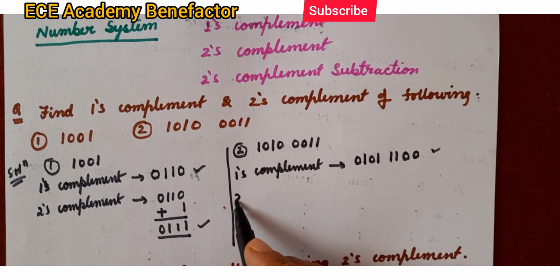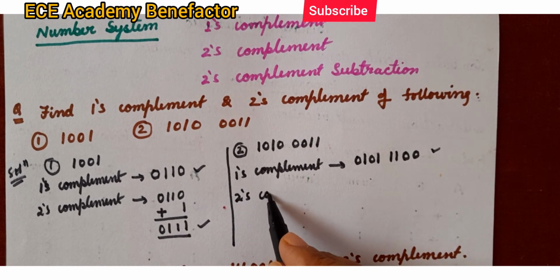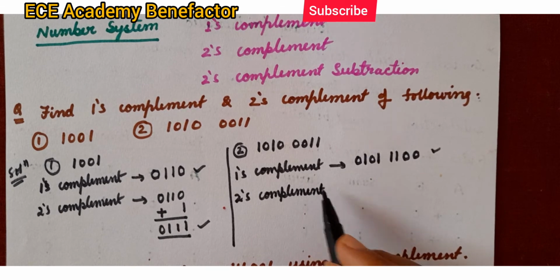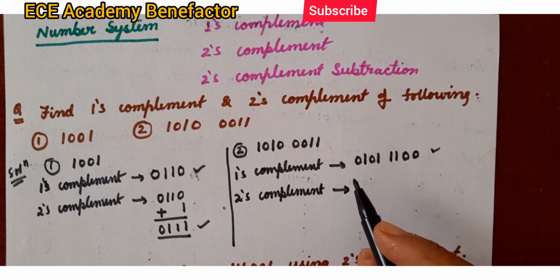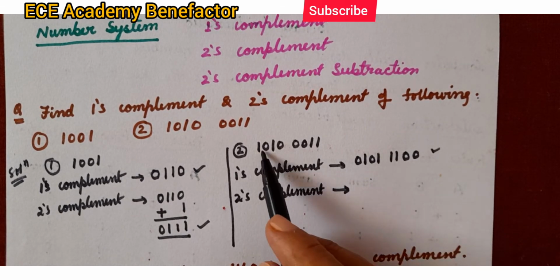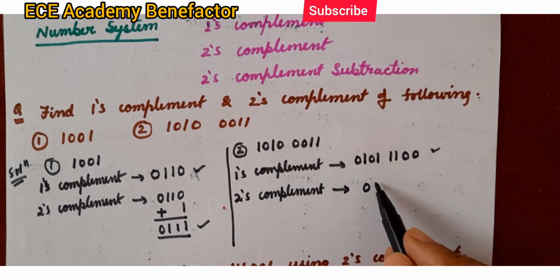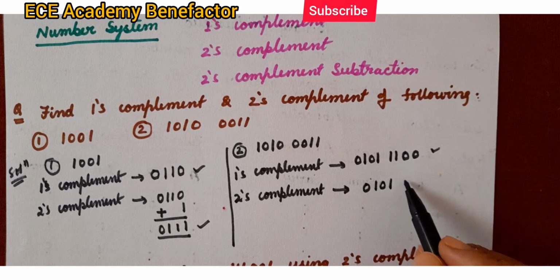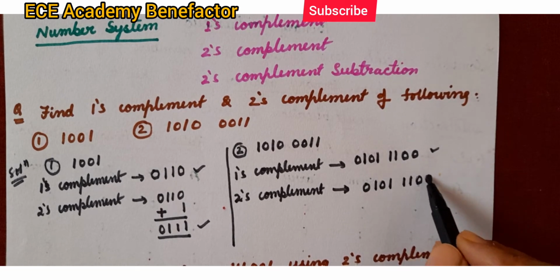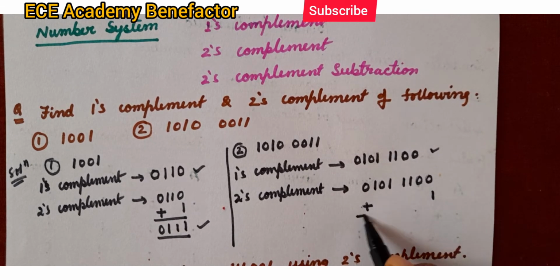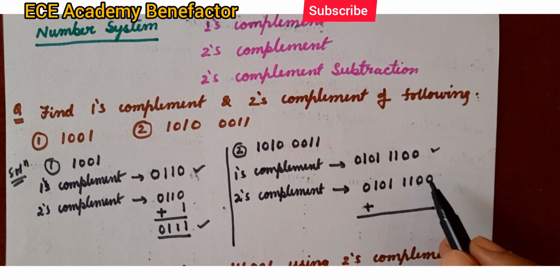Now finding twos complement. What you have to do for twos complement? First find the ones complement of the given number and add 1 to the LSB bit. So for this given number, the ones complement is 0 1 0 1 1 1 0. We have to add 1 to it, 1 to the LSB bit.